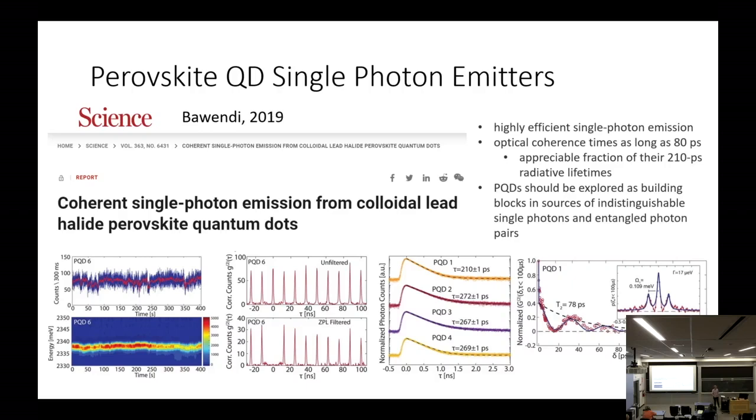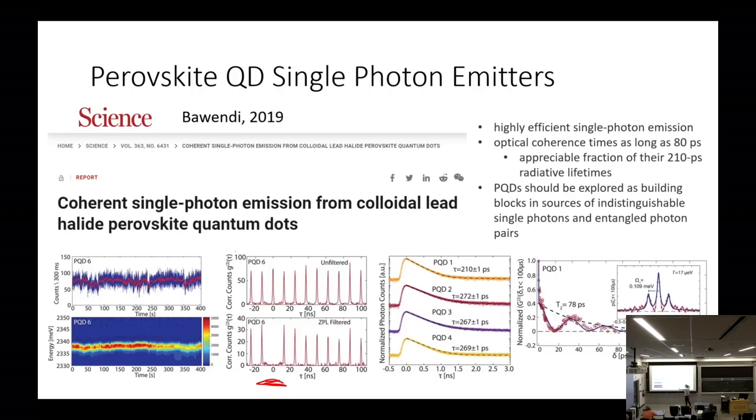And then in the middle there, you see an example of one of these g2(τ) measurements. In the one on the bottom, which has the zero phonon line filtered, you see that the coincidence counts at 0 are 0. So this is a very good single photon source. And there's other criteria that make something a good single photon source related to the lifetime of the emitter and the coherence time versus that lifetime.